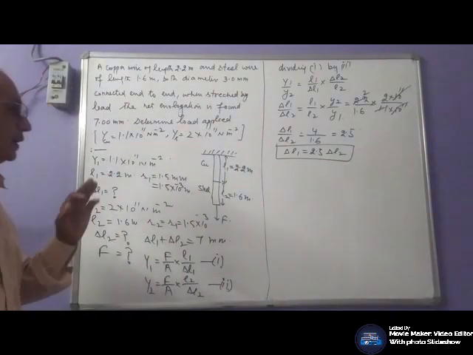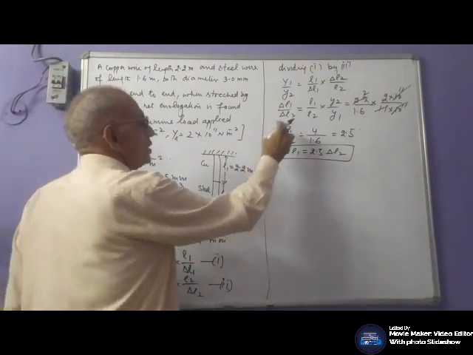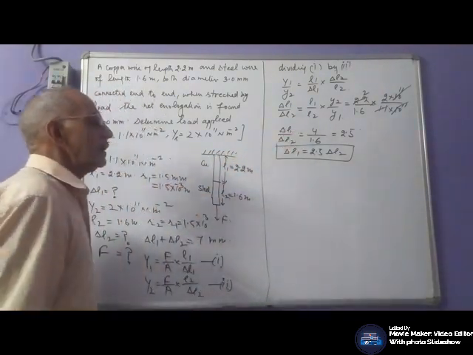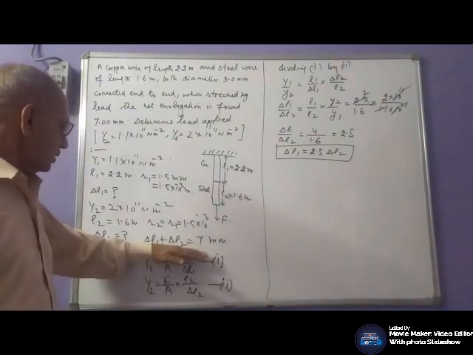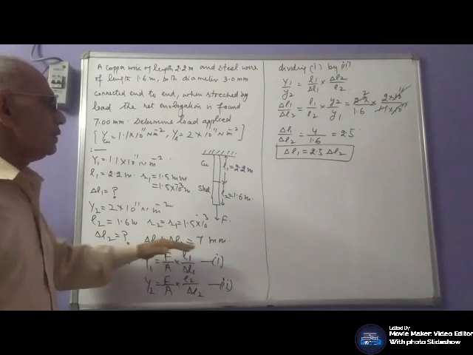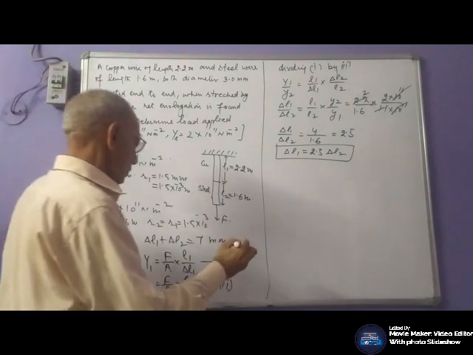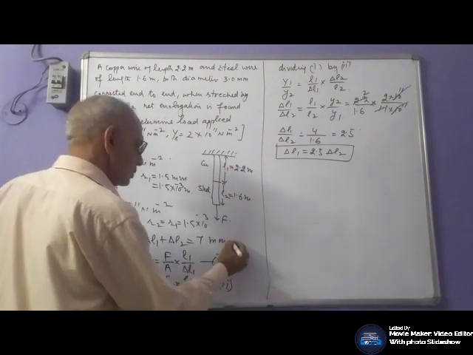Why have we divided this? Anyhow, I want to find this delta L1 and delta L2. This is given, so we can easily find now delta L1 and delta L2. Say this is equation first.